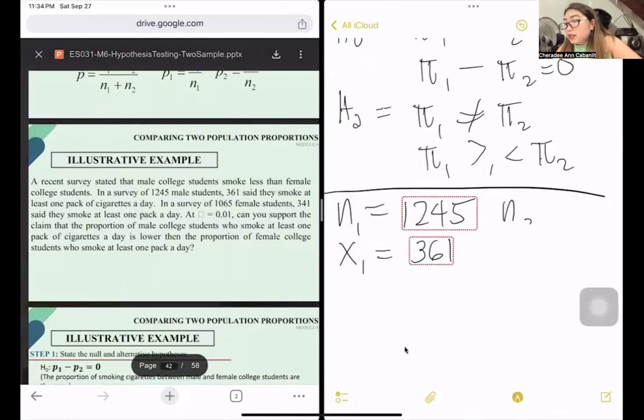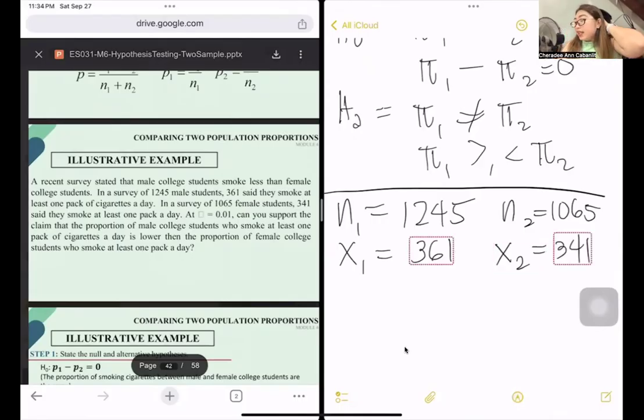For female, out of 1,065, 341 smoke. At alpha equals 0.1, can you support the claim that the proportion of male college students who smoke at least one pack of cigarettes per day is lower than that of female college students?